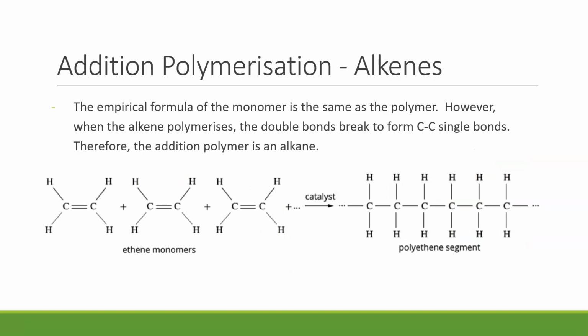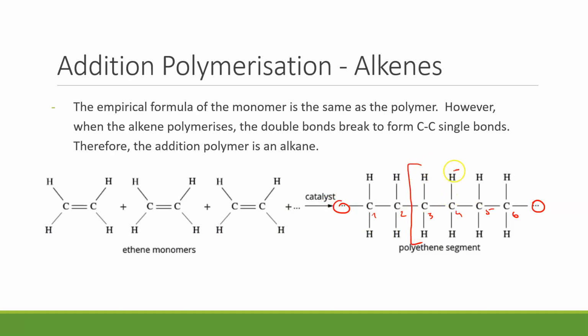So with addition polymerization, we're going to say that it requires a catalyst. We don't need to know which one, and then we are often asked to draw a segment. Generally, we will be asked to draw 3 repeats, which is going to be 6 carbons. 1, 2, 3, 4, 5, 6. Keep the bonds open at each end.